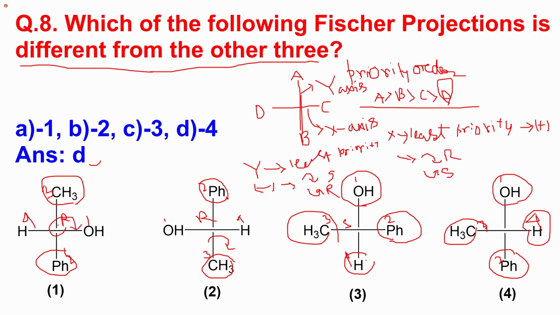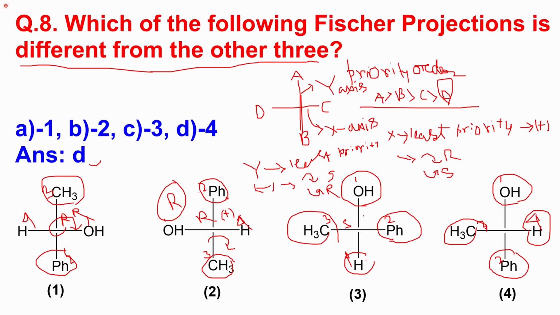That means clockwise and positive rule, so it will be R. So this molecule is R. Now here 1, 2, 3, and 4 is hydrogen, which is also on the x-axis. So it is also the positive rule. 1, 2, 3 means clockwise. That means this is also R.